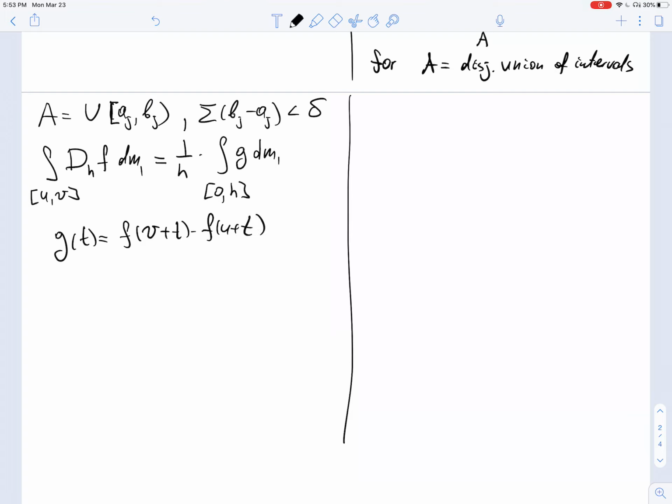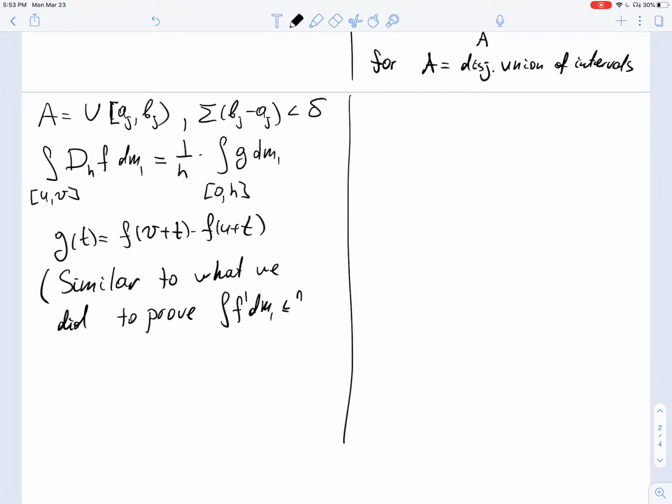This is very similar to the identity we had, similar to what we did to prove that the integral of f prime dm1 is less than or equal to f of b minus f of a when f is increasing. So if you look there, you'll essentially find the proof of this statement.